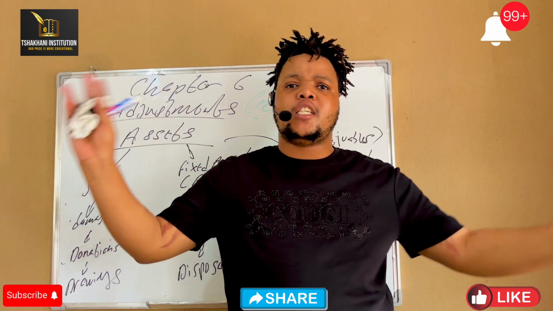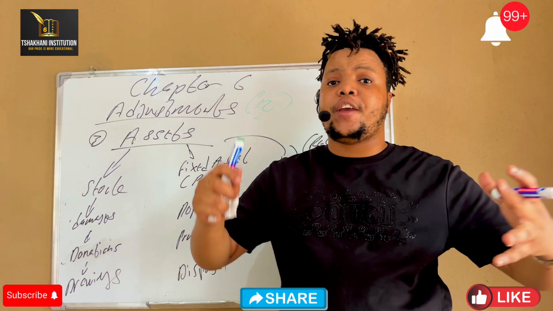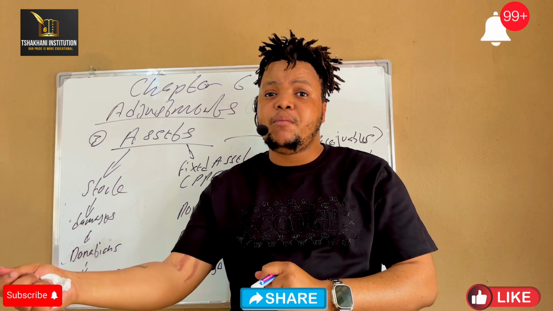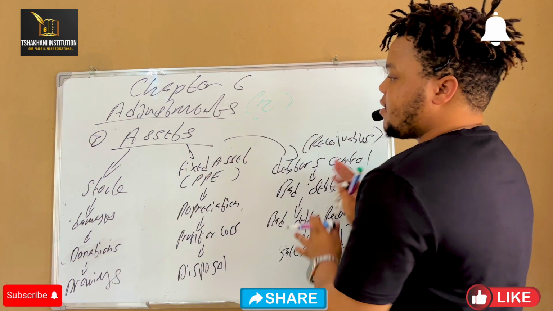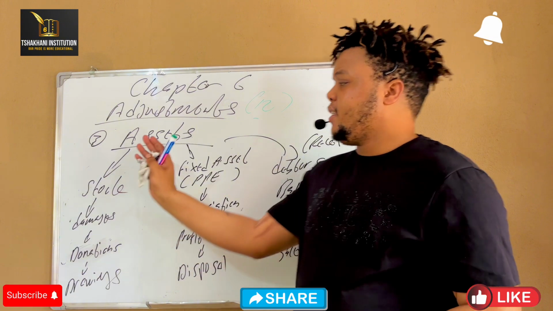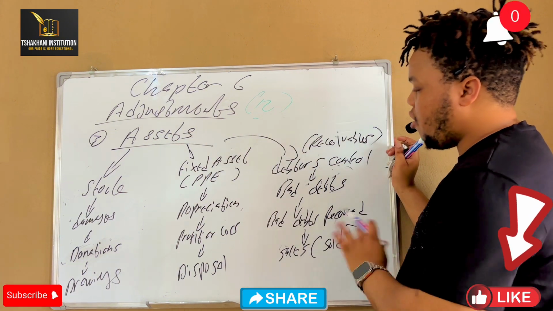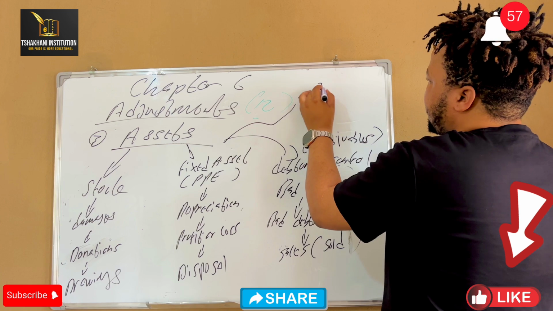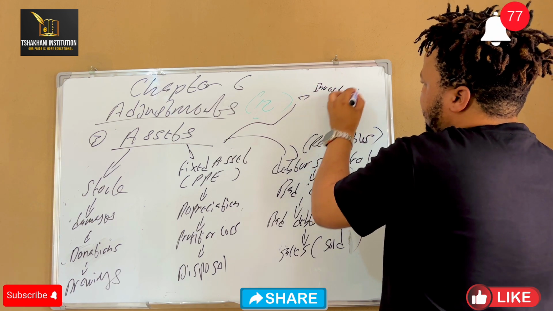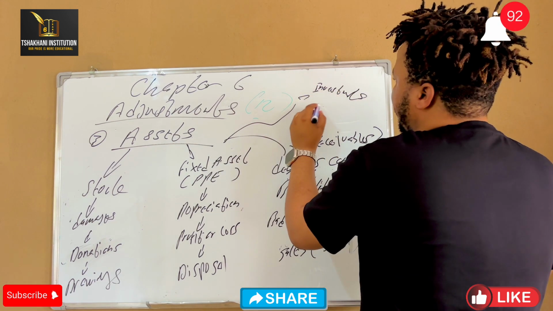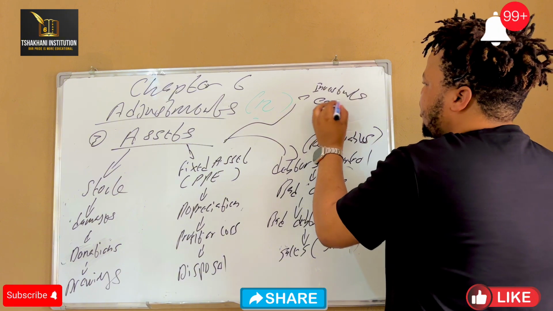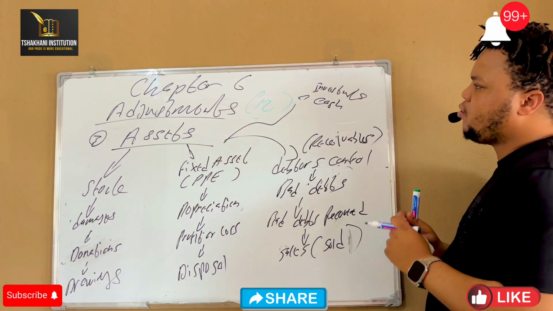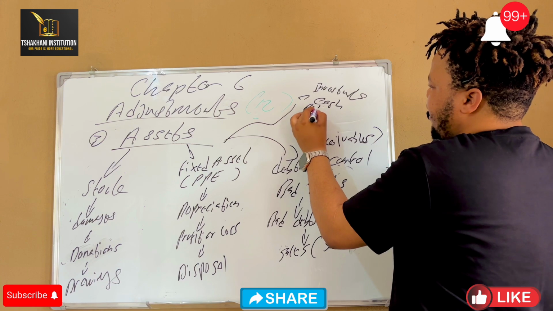So that when we go to the adjustments in chapter 6, analyzing the adjustment, identifying which accounts are affected, which element is affected, the double entry, which account is debited or credited, you need to understand that in terms of assets, these are the things that we need to check on. The issue of the investments, the issue of the cash, such as bank, cash flow, and the issue of the petty cash.